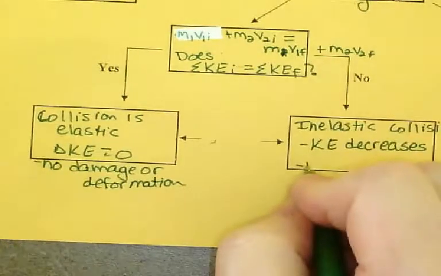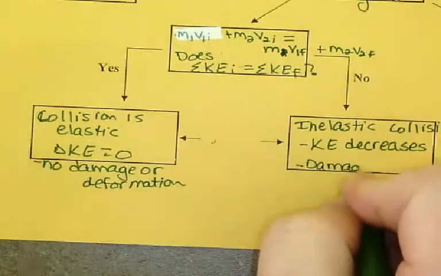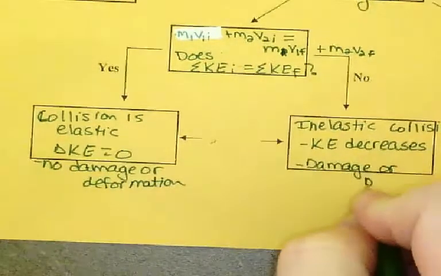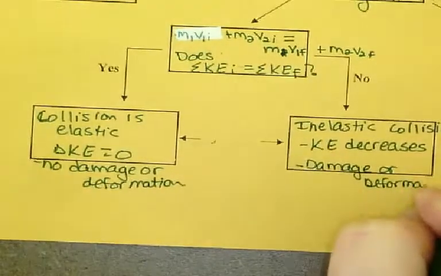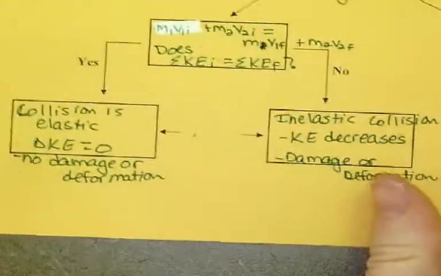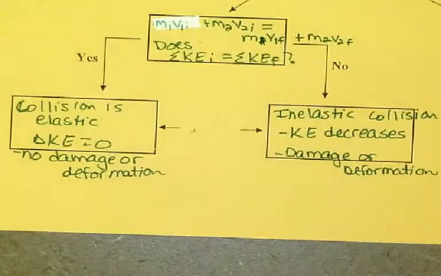So this means you do have some damage or deformation. So we talked about it with an accident, when the cars bounce off from each other, but they have damage to them. They got dents or crumpled up or something. You have something going on like that, okay? That's where the kinetic energy goes to.